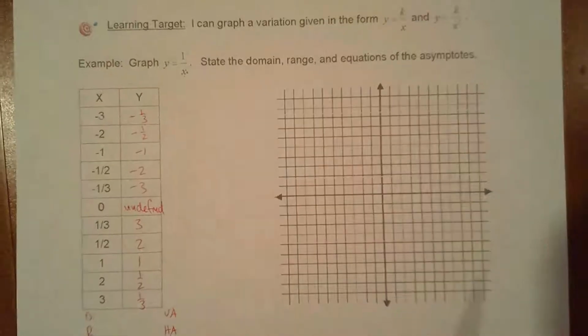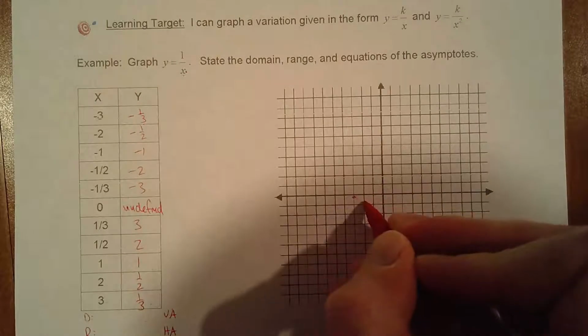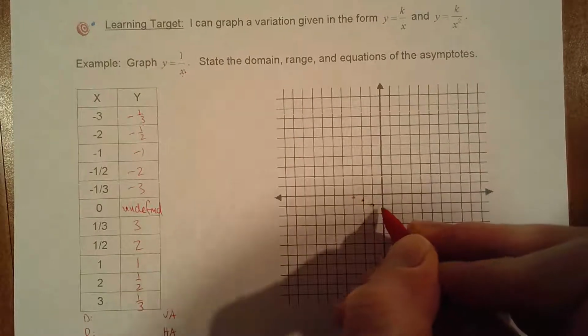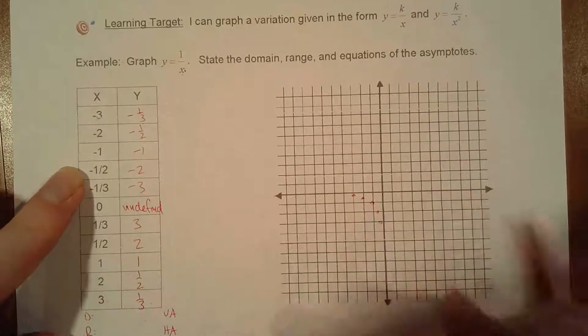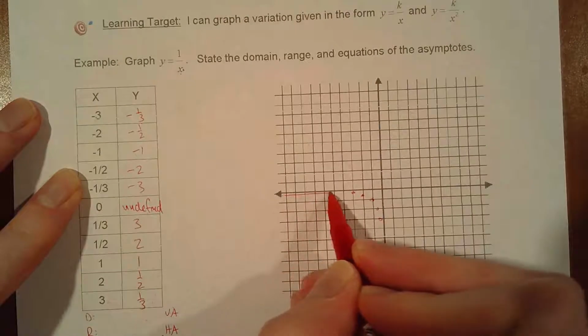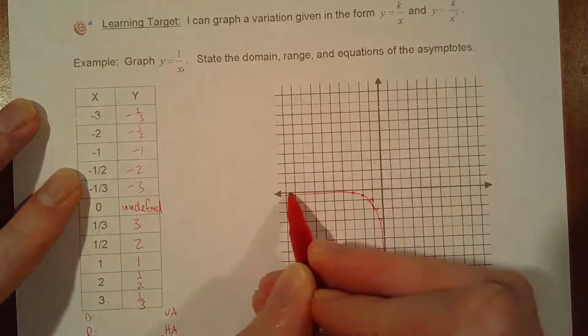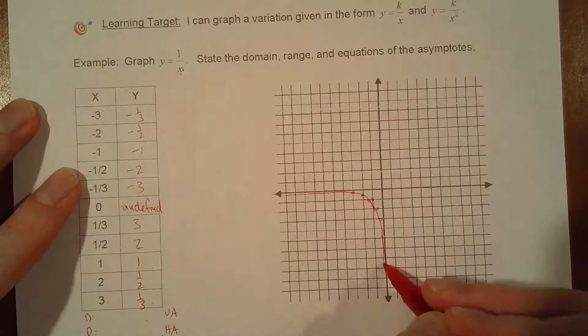So if you quickly plot these, let's see, if I go left 3 down a third, left 2 down a half, and you start getting the shape on the left, half down 2, and it makes this curve in here. But notice it never equals 0. But also, when I plug in 0, I don't get an answer.